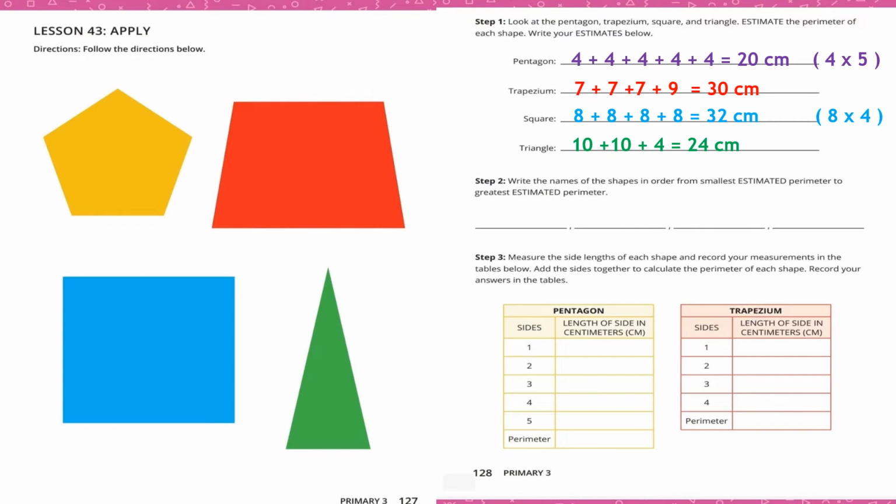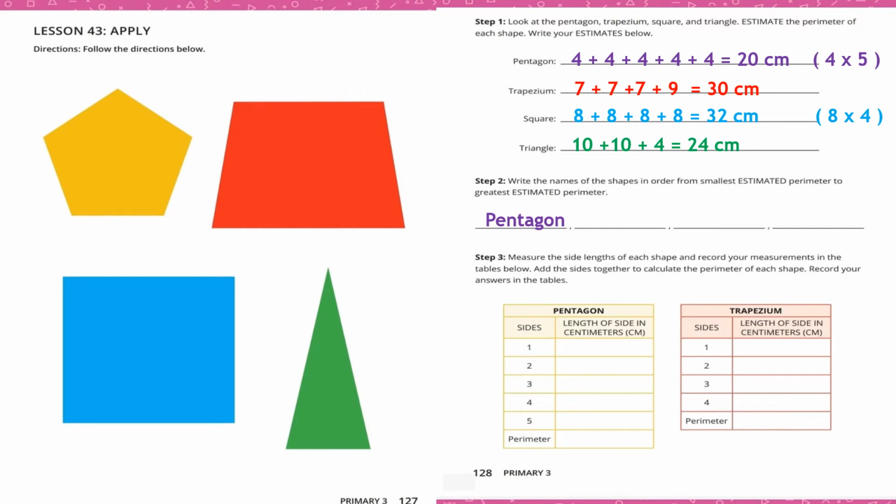Let's write the names of the shapes from the smallest estimated perimeter to the greatest estimated perimeter. Which is the smallest shape? Yeah, we have here 20, but don't write 20. He wants the names. So we will write pentagon.